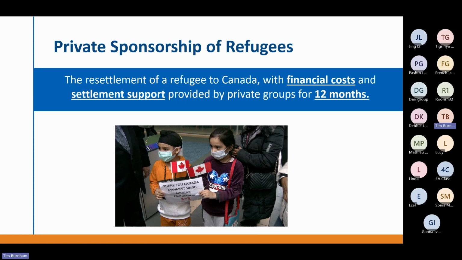So we know that the government sponsors people to come to Canada. And when the government sponsors refugees to Canada, the government covers all of their costs and also provides settlement support to them.